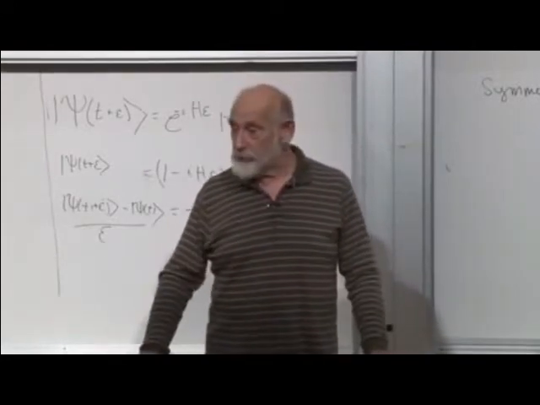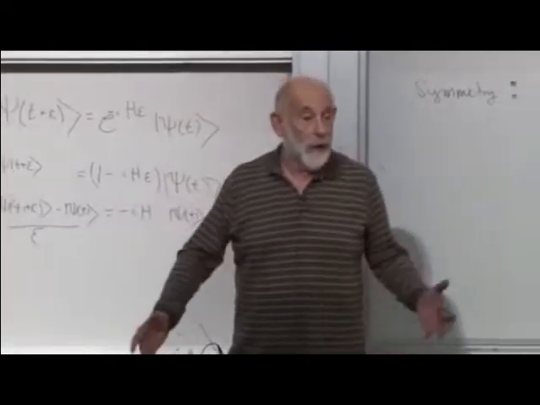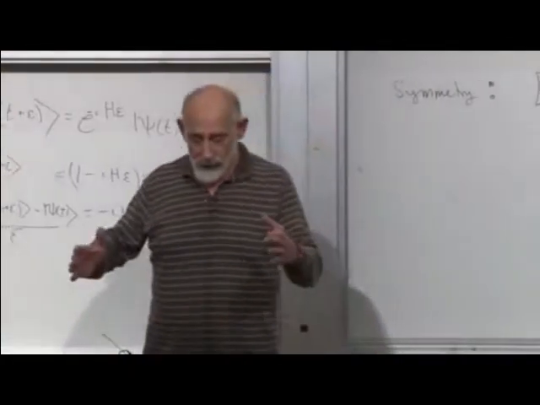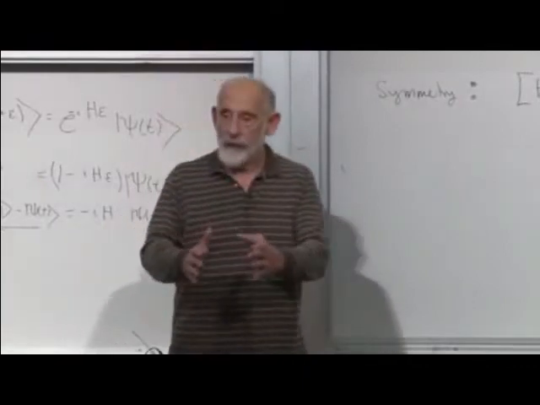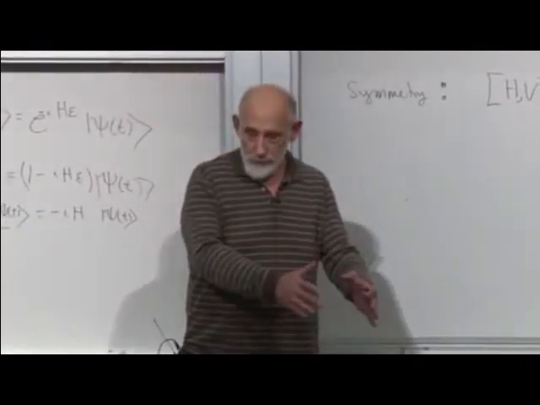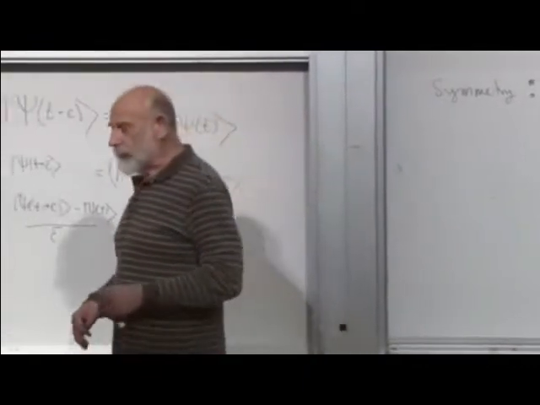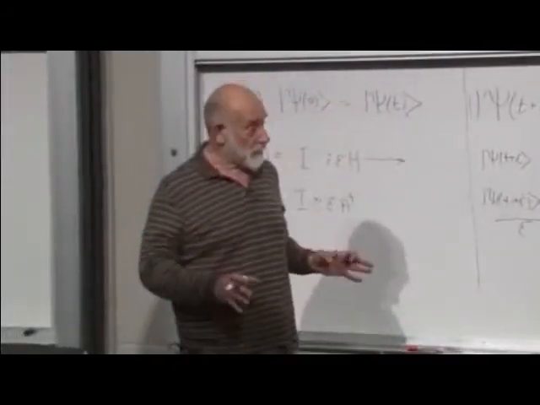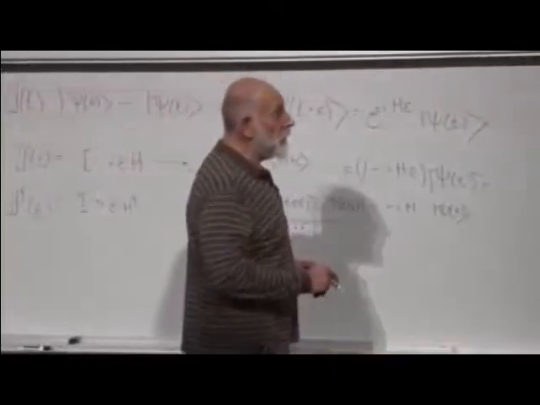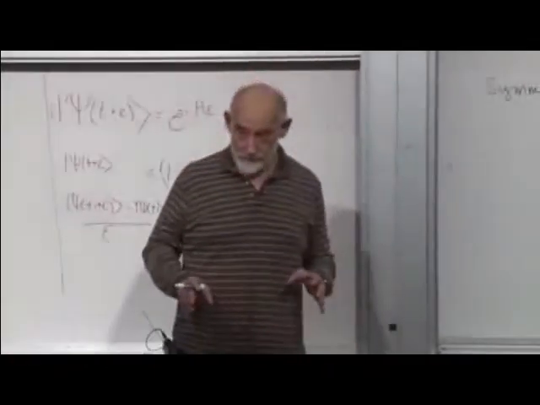Is translation symmetry continuous or discrete? Well, it's continuous. You can take any translation of a system and think of it as being compounded out of lots of small translations. The continuous symmetries, and in particular the rotation symmetries and translation symmetries, are the ones I want to focus on.